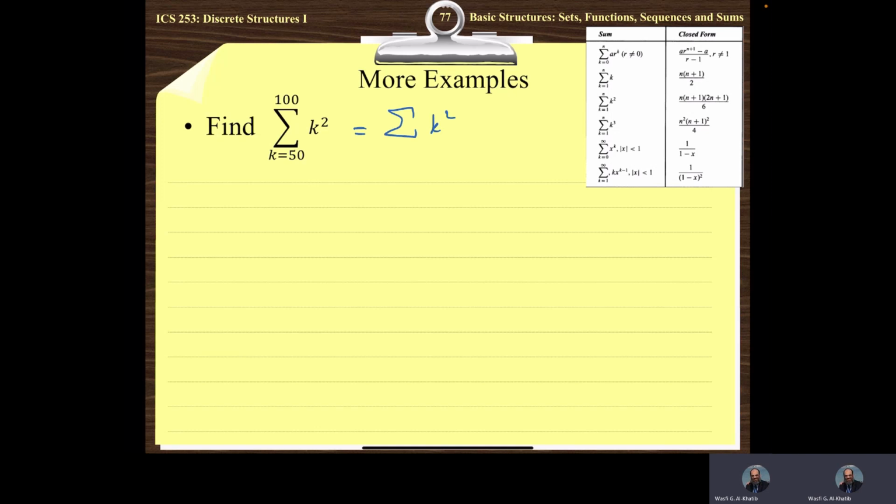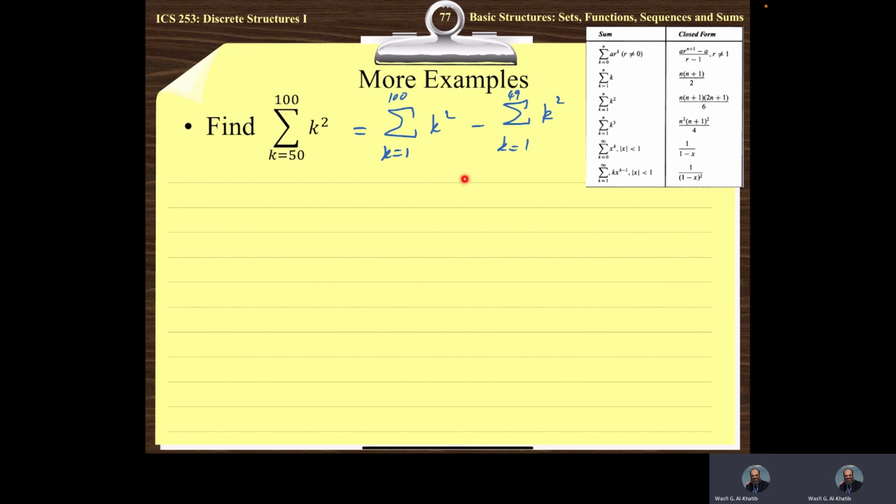Sigma k squared from k equal 1 to 100 minus sigma k squared from k equal what to what? Yes, 1 to 49. If you make it from 1 to 50, you are removing the value at k equal 50, right? So we need to go from 1 to 49.